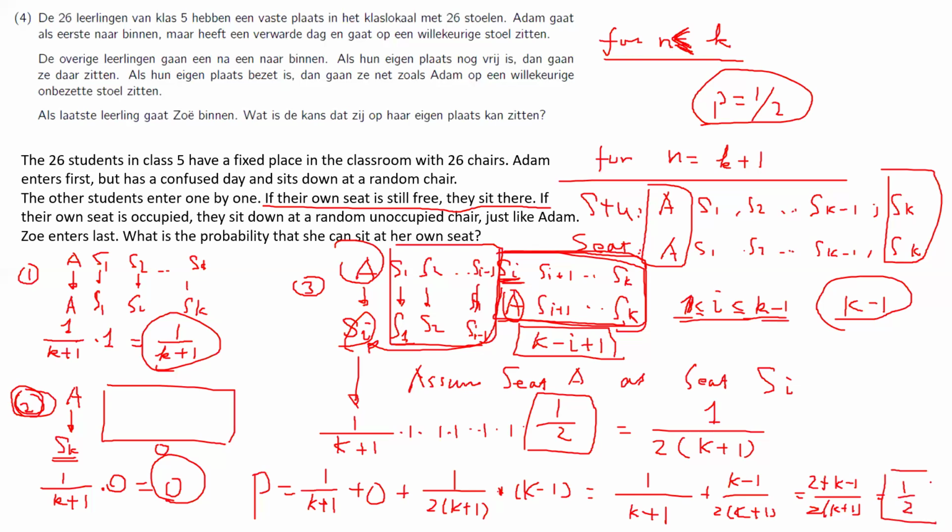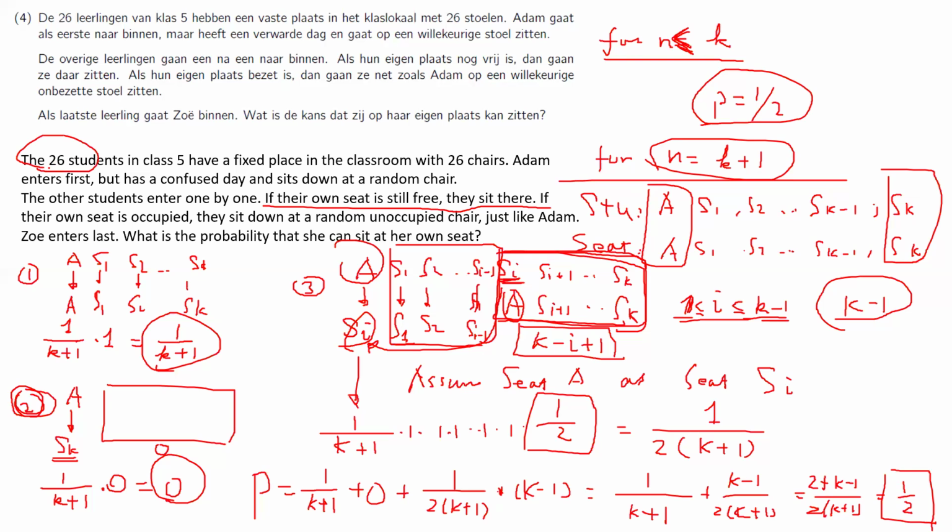So for n equal to k plus 1, the probability is still half. So by mathematical induction, for all n no smaller than 2, the probability is half. For this case specifically, we have 26 students.